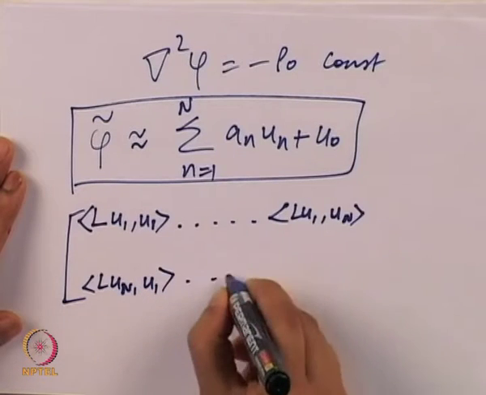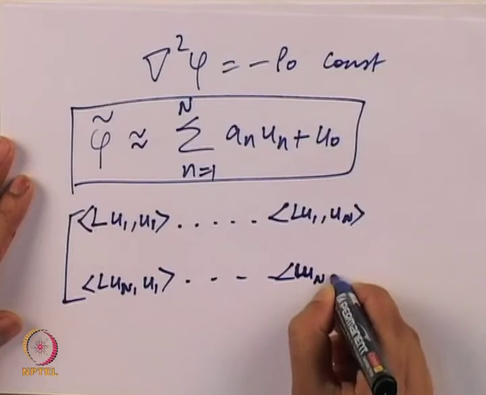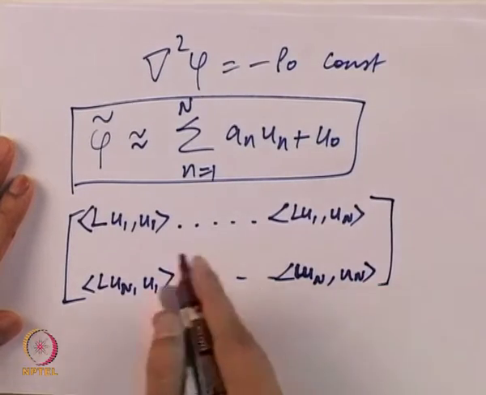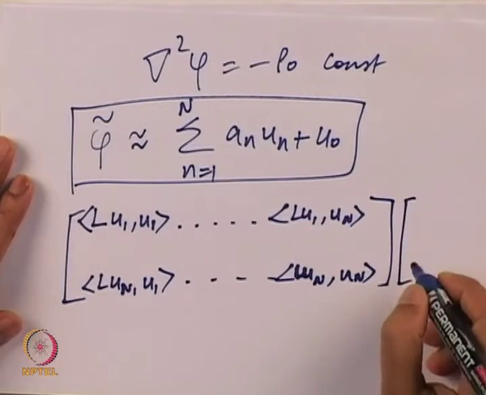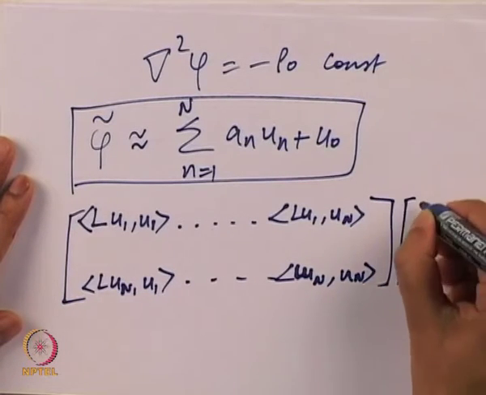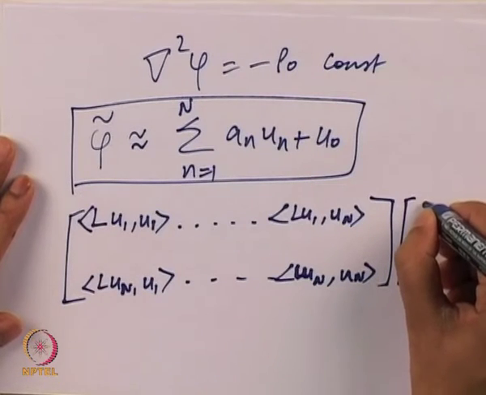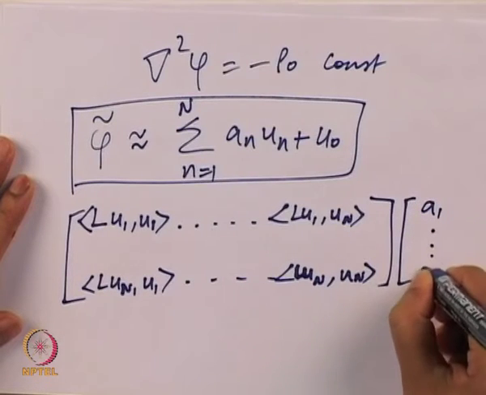The last term here would be L of un comma un. This is the left hand side, multiplied by the coefficients which are going to be a1 until an.